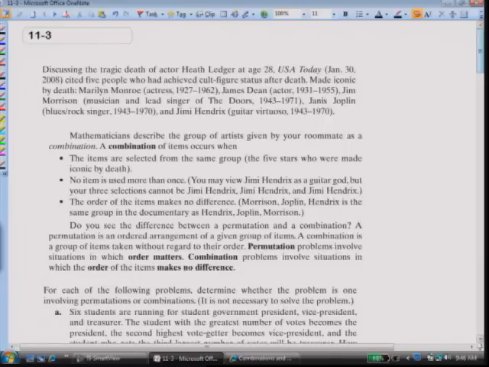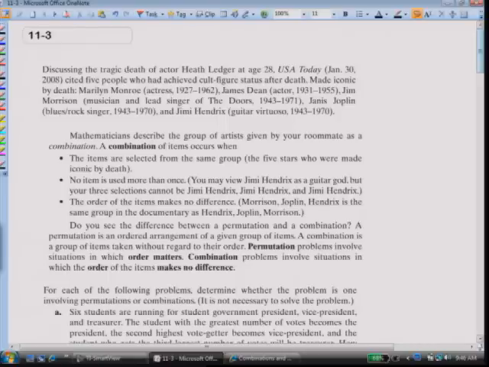I took quite a bit out of the text for this section because I think it can be a little bit tricky. The scenario in the textbook is two roommates talking about the tragic death of actor Heath Ledger, and then maybe the guy is going to write an article or a paper about three people who became sort of cult figures after their death.